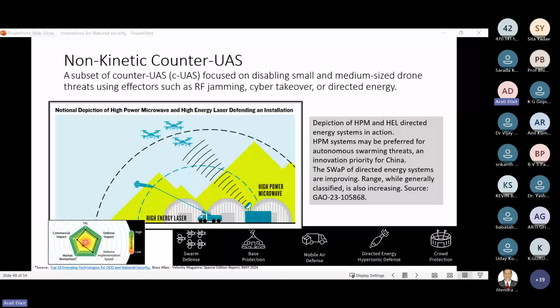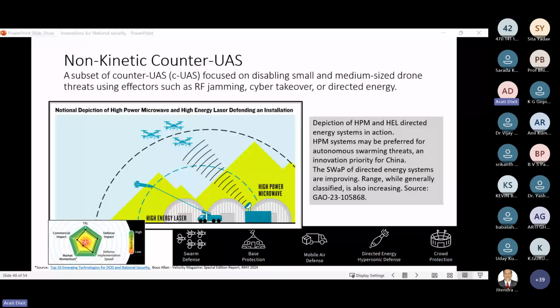So these are different areas wherein we can see non-kinetic counter-UAS technology as meaningful and useful. And this is the one field.